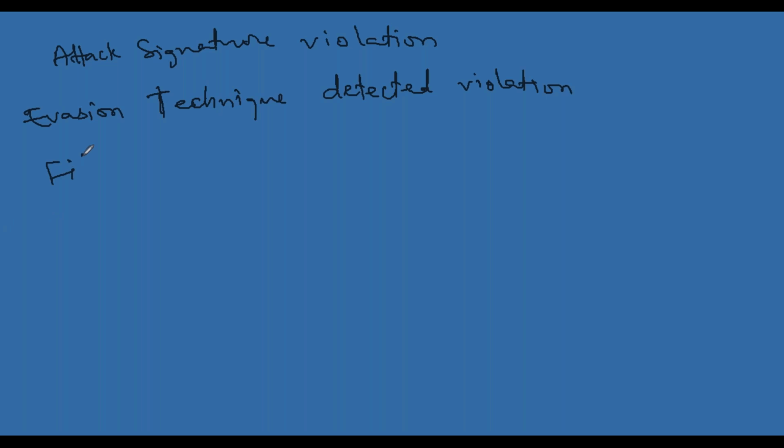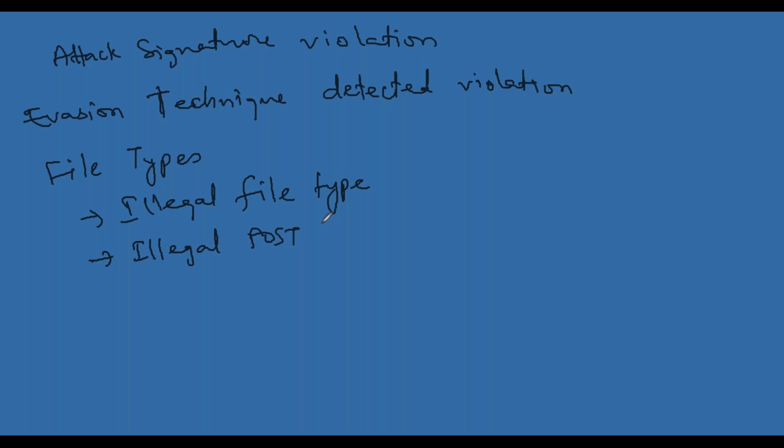With respect to specific file types, you get violations like if a file type which is being requested is not found in your security policy. So you might get illegal file type. Or if the data length is not as per the security policy, you might get illegal POST data length.